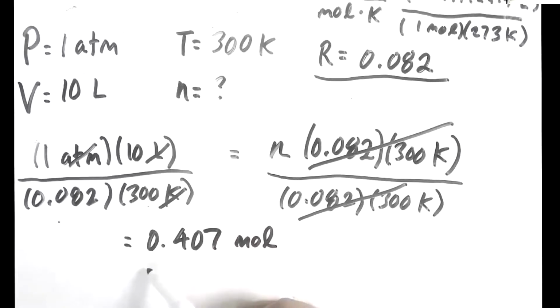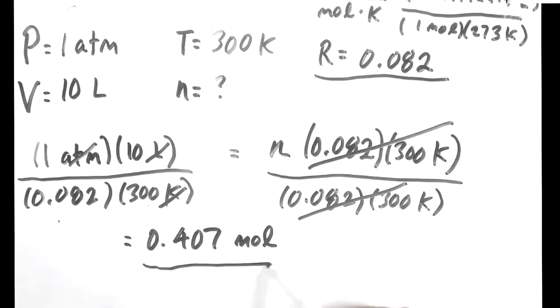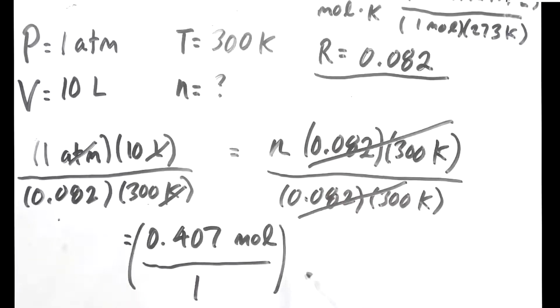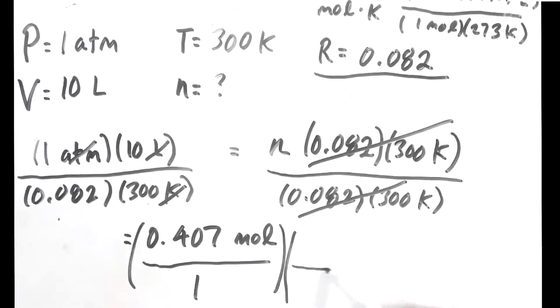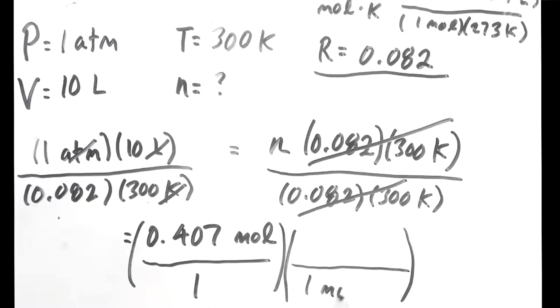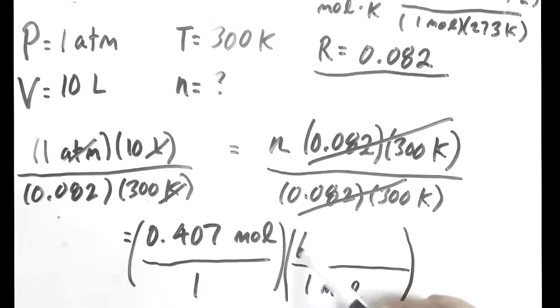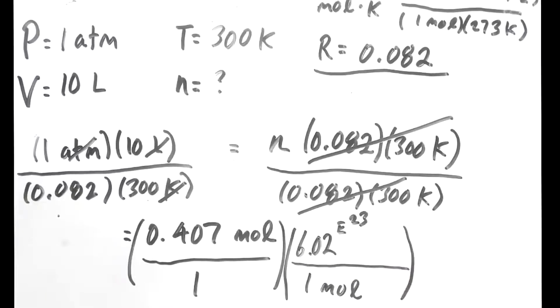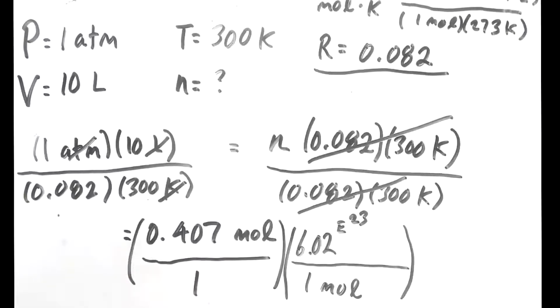We can use Avogadro's number. So we can take our result from this calculation and write it as a fraction over 1 like we often do. And we can remember that if you have 1 mole of any substance, whatever it is, you have 6.02 times 10 to the 23rd particles of that substance.